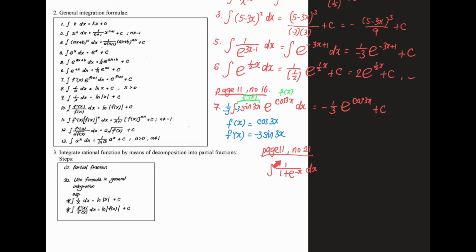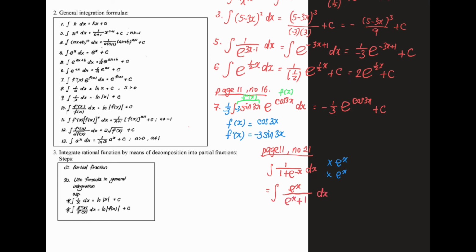We know that differentiating an exponent will get back the exponent. So we need to purposely multiply something on the numerator as well as the denominator. I multiply e to the power of x up and down. When you do so, you have e^x on top, e^x plus 1 at the bottom.